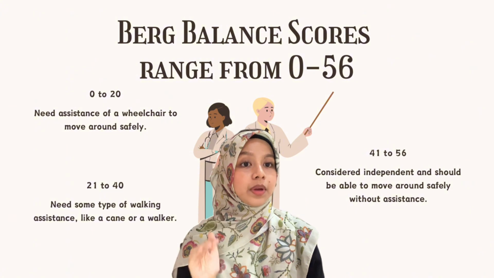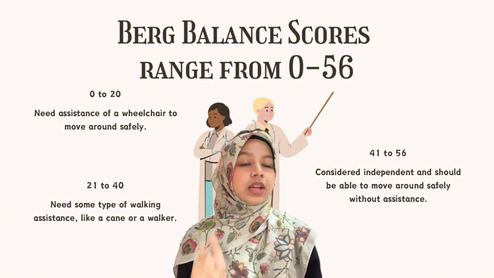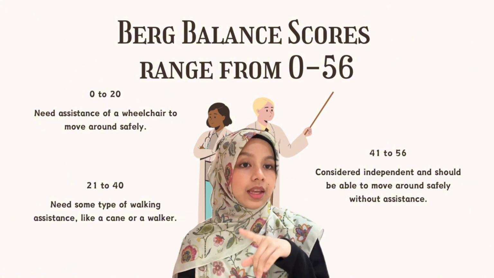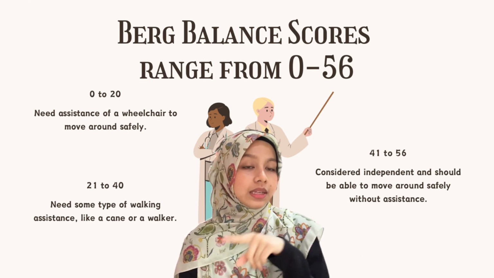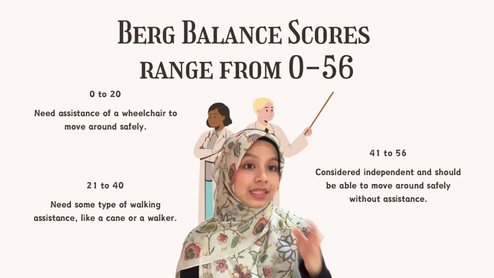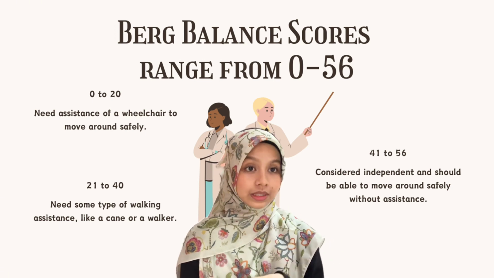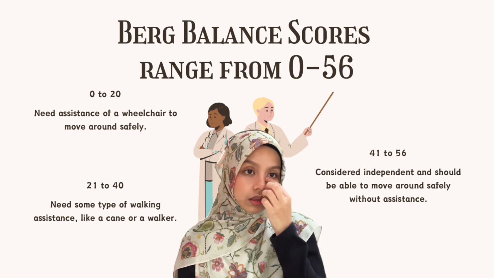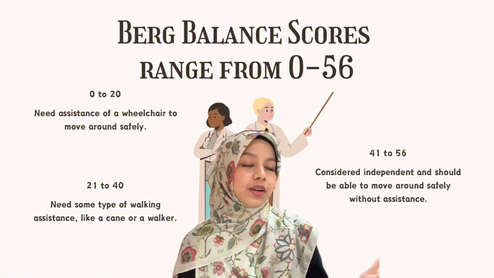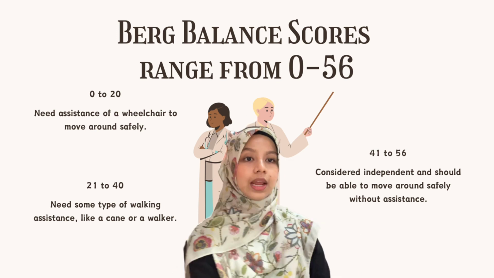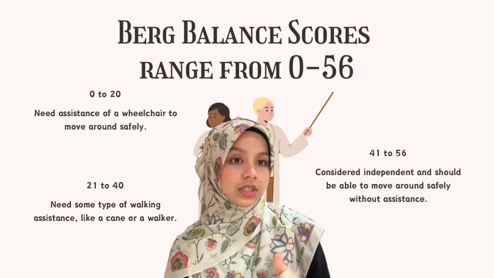So these are the Berg balance scale scores, ranging from 0 to 56. The first one is 0 to 20. People in this range are more likely to need assistance to move around, like a wheelchair, and need other people's help to stand or whatsoever. Next one is 20 to 40.